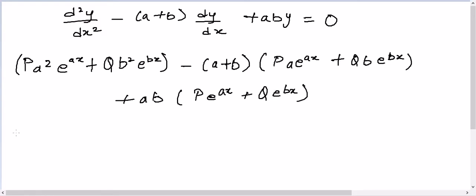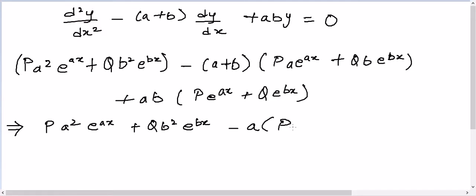Okay guys, this is an error mark. So the next step: first, what we are doing here is opening the bracket.